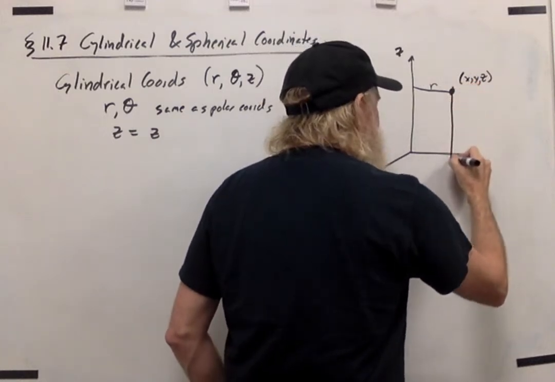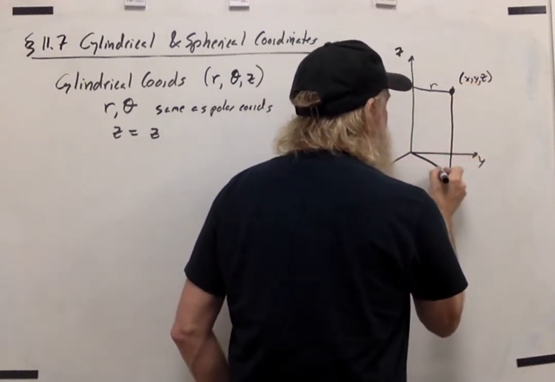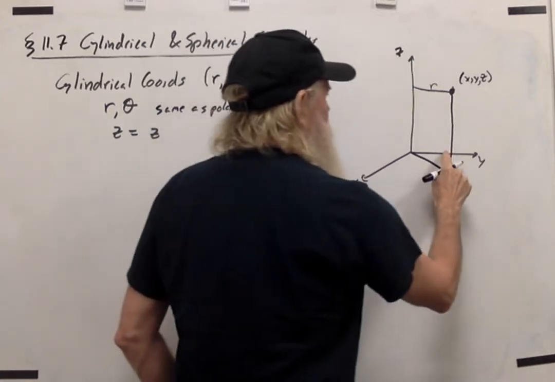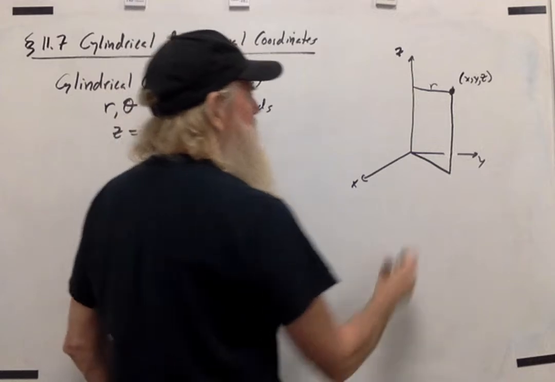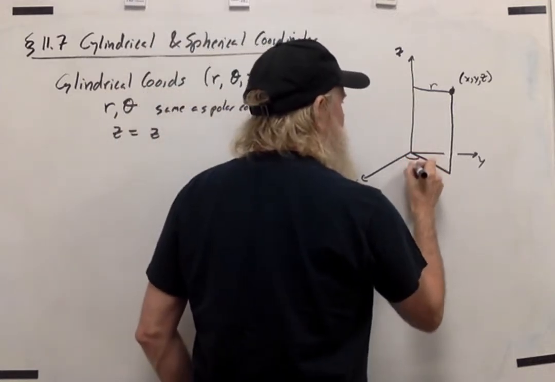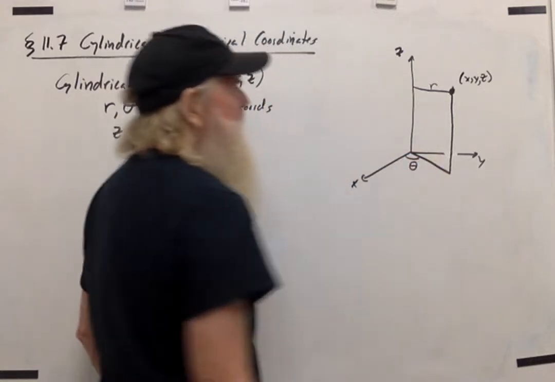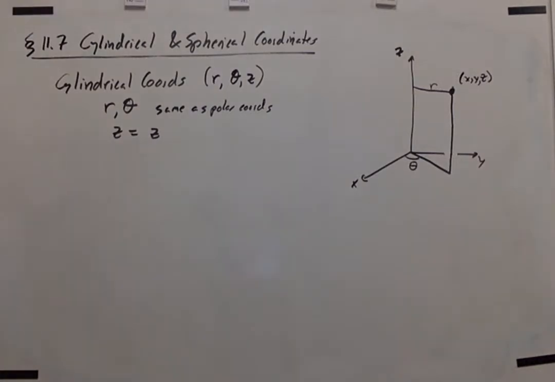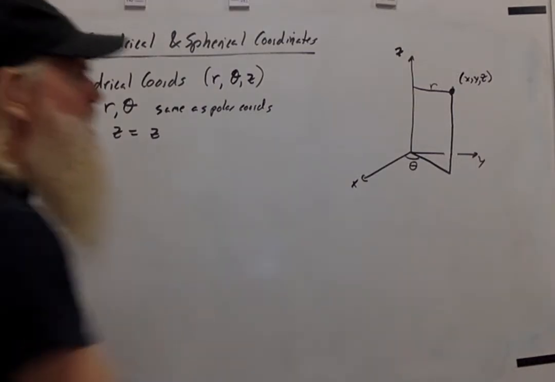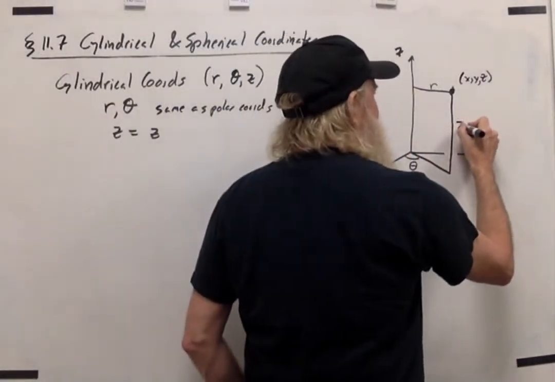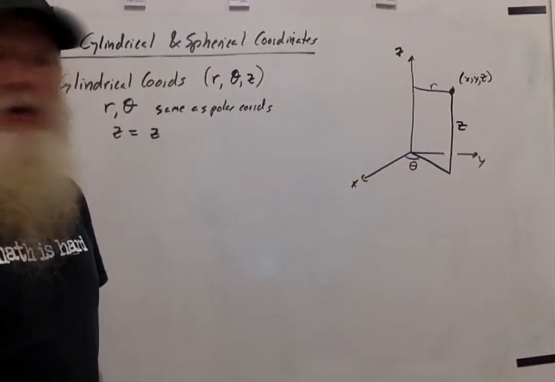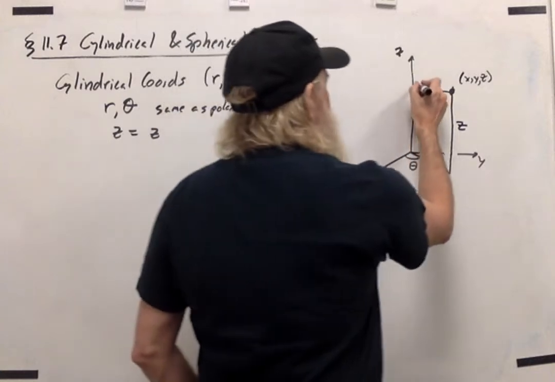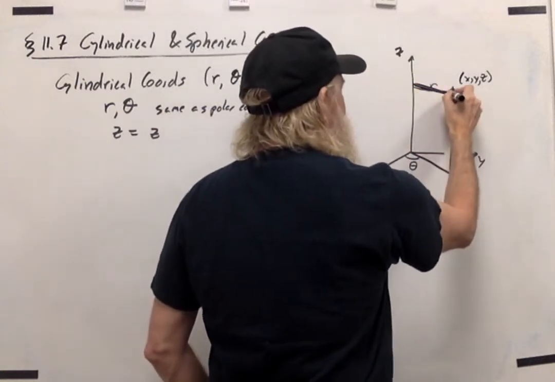If I drop this down into the xy plane, then I have a rectangle, which is standing up. Theta is the angle that that rectangle makes with the positive x-axis. And z is how high that point is above the xy plane. This should look like a rectangle.